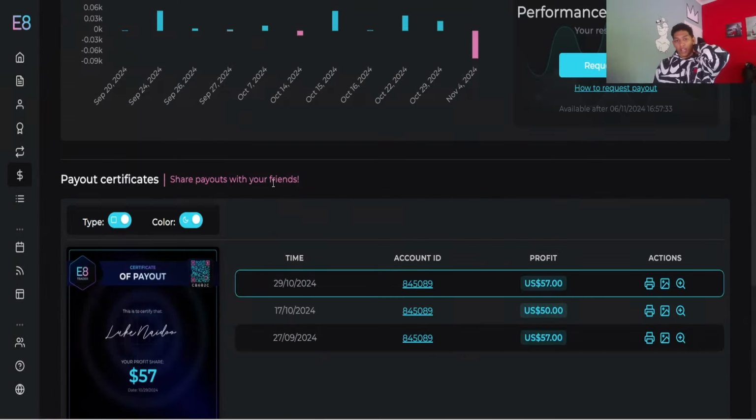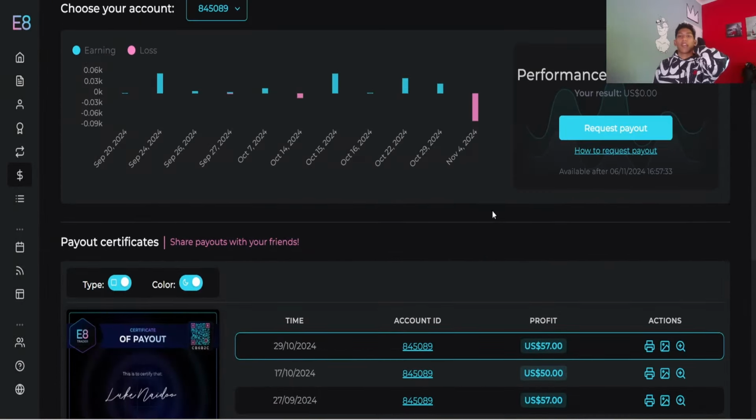So here's what I would do on the 29th when I wanted to request my payout. Just a reminder, on this E8 Pro E8 Trader Stage account, you get paid out every 7 days, so it's pretty great. Getting paid out weekly is a great opportunity.